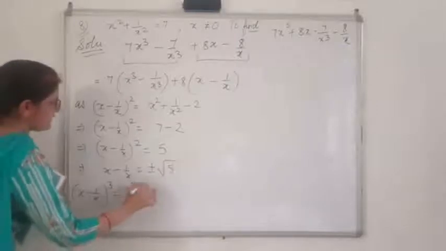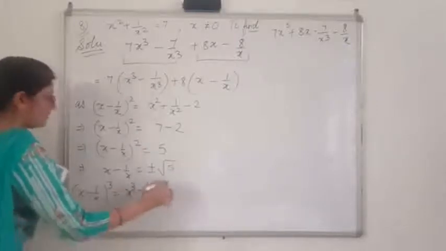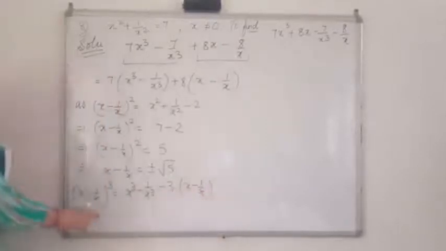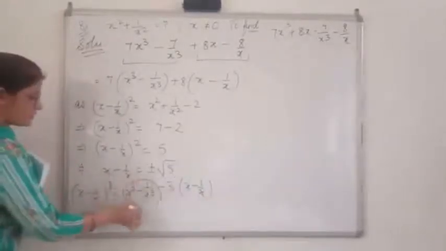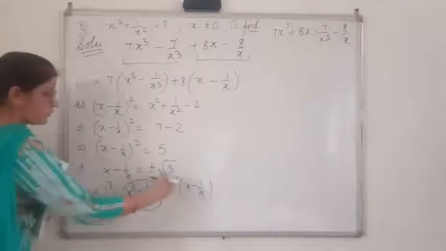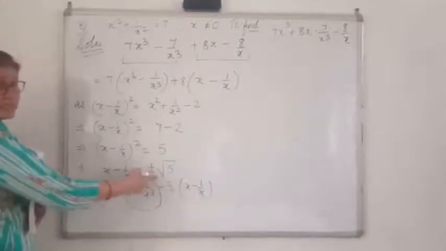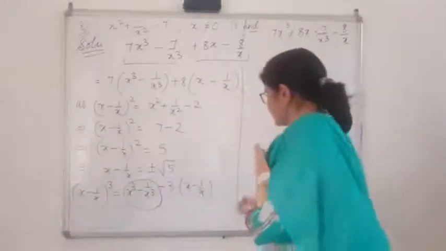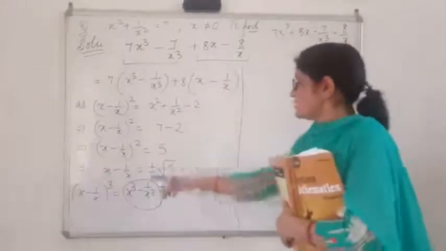We follow the identity. This is the identity. You have to find the value of this. So the other two terms' value you can substitute as plus minus root 5. Before that, what will we do? We shift this term.